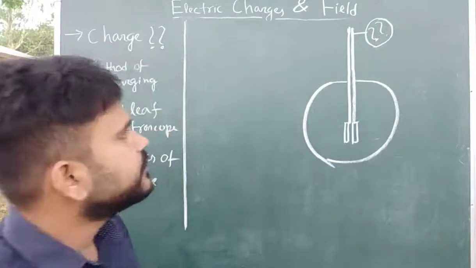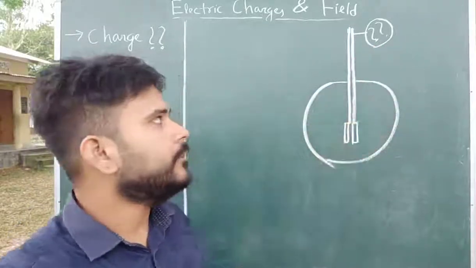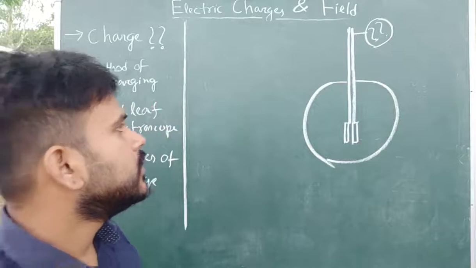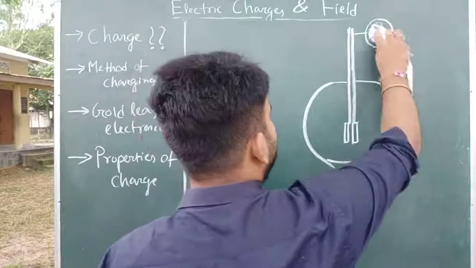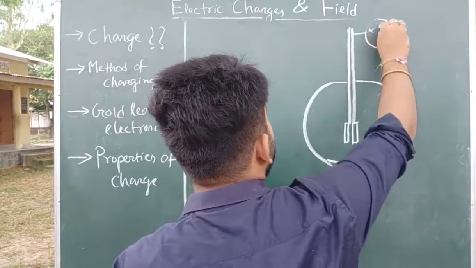Now suppose I place an unknown body on the other end of the rod. Let's say it is positively charged.